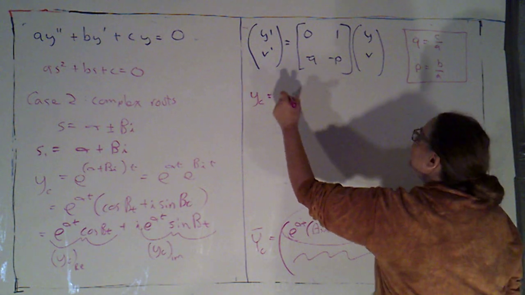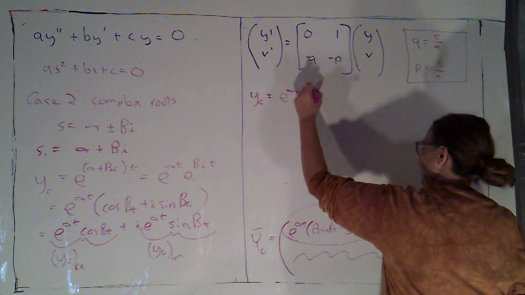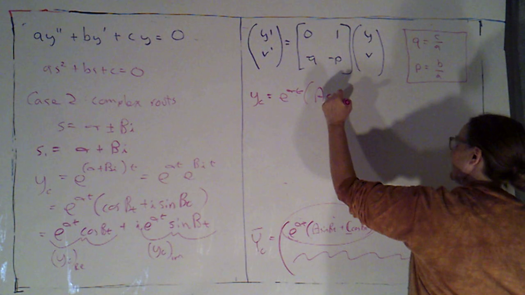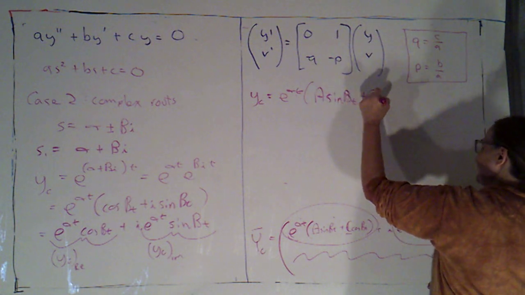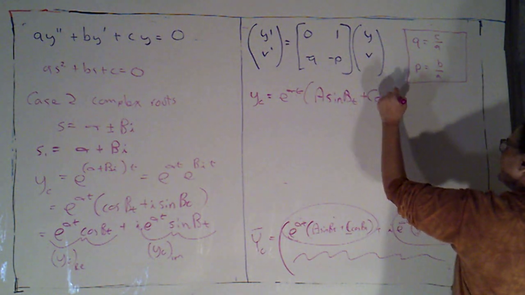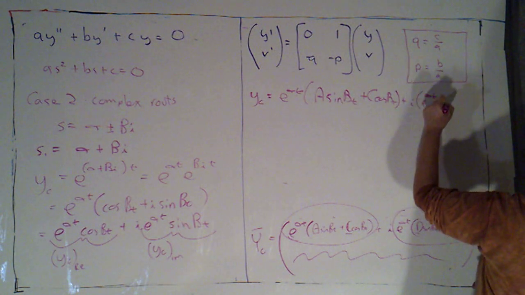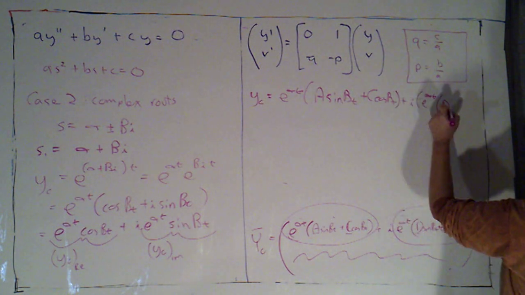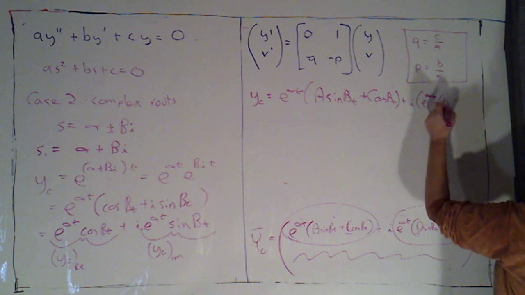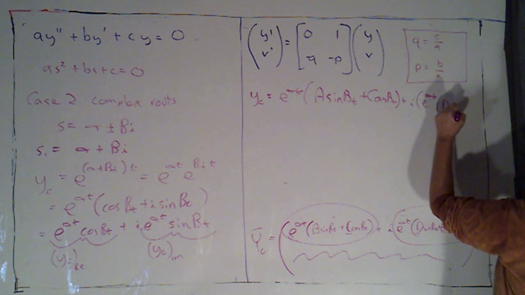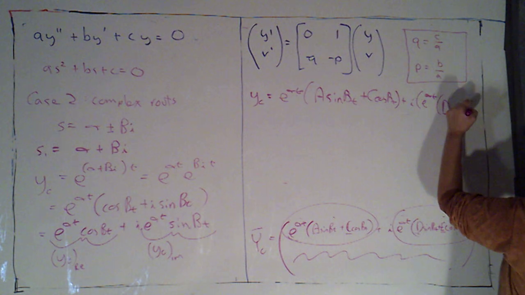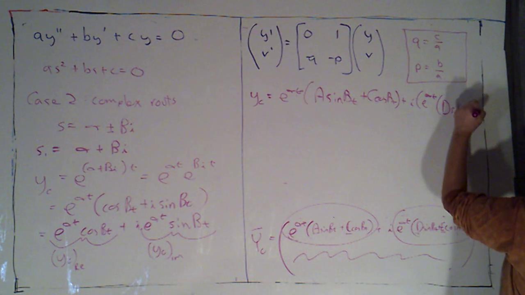Okay, so e to the alpha t times a sine beta t plus c cosine beta t, plus i times e to the alpha t times d sine beta t plus e cosine of beta t.